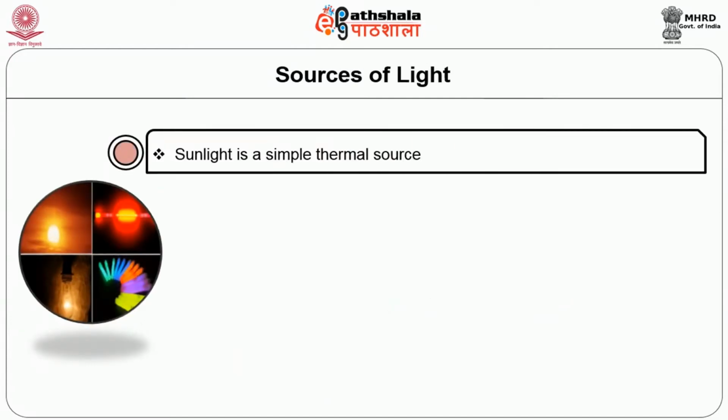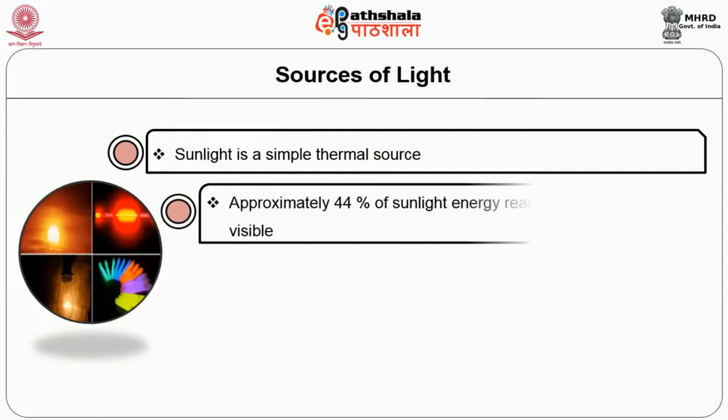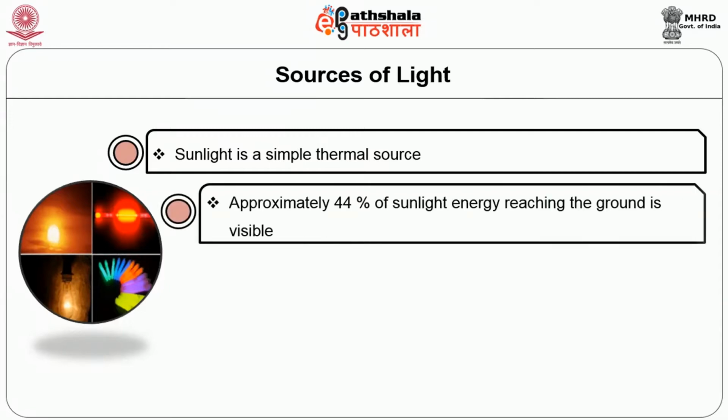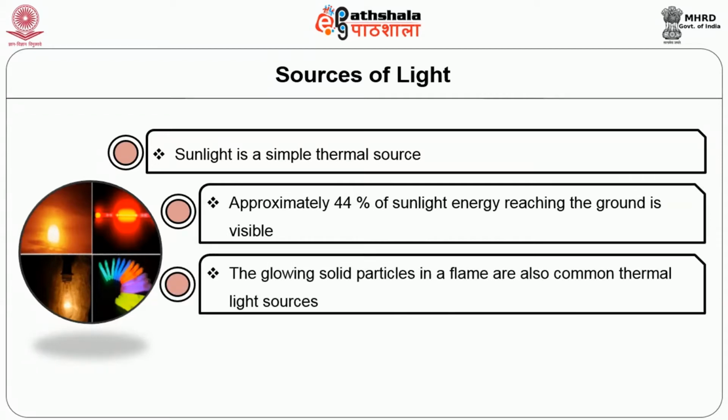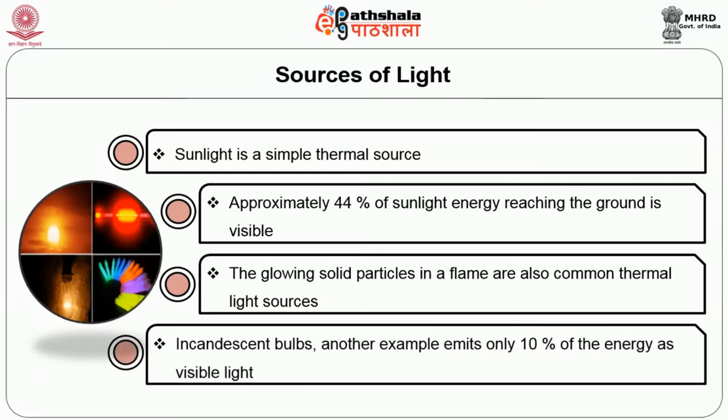Sunlight is a simple thermal source and approximately 44% of sunlight energy reaching the ground is visible. The glowing solid particles in a flame are also common thermal light sources. Incandescent bulbs, another example, emit only 10% of the energy as visible light.